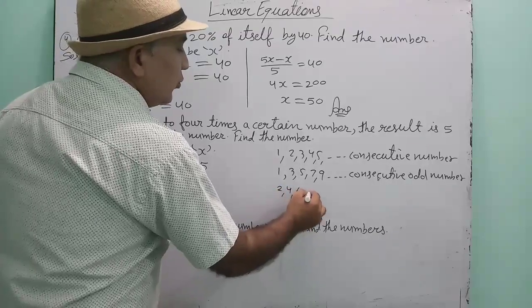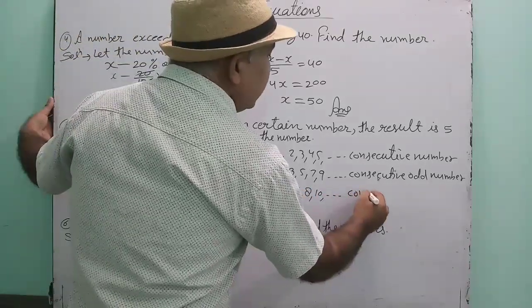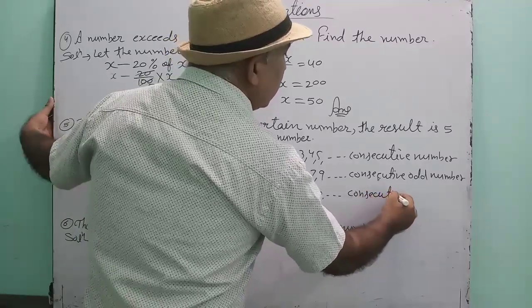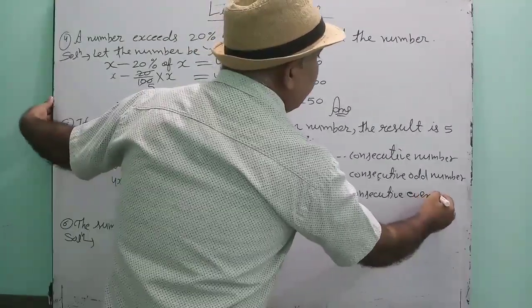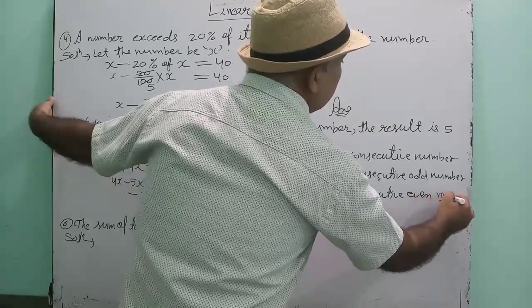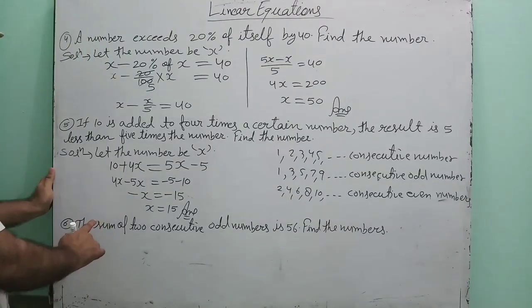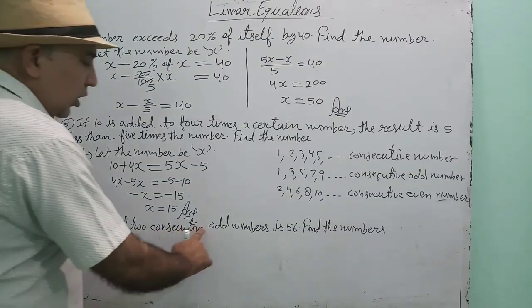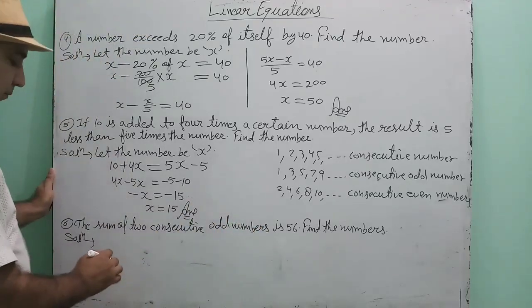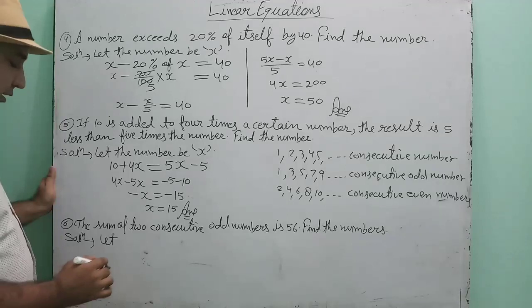Similarly, 2, 4, 6, 8, 10, 12 and so on. These are called consecutive even numbers. Understood? Your question is the sum of two consecutive odd numbers. We know which odd numbers we have to take.